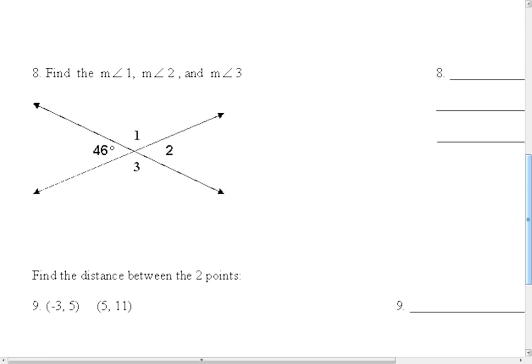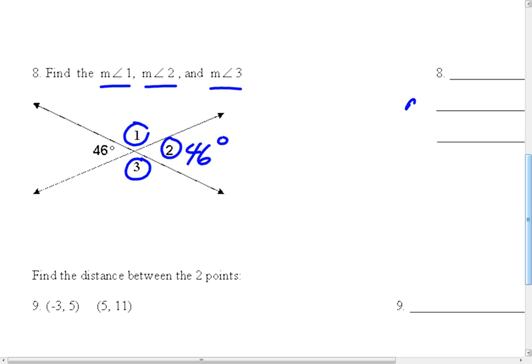If you know one angle in an intersection, you know them all. 1, 2, 3. What angle would you start with? Okay. Probably 2. I'd put 46 degrees right there.